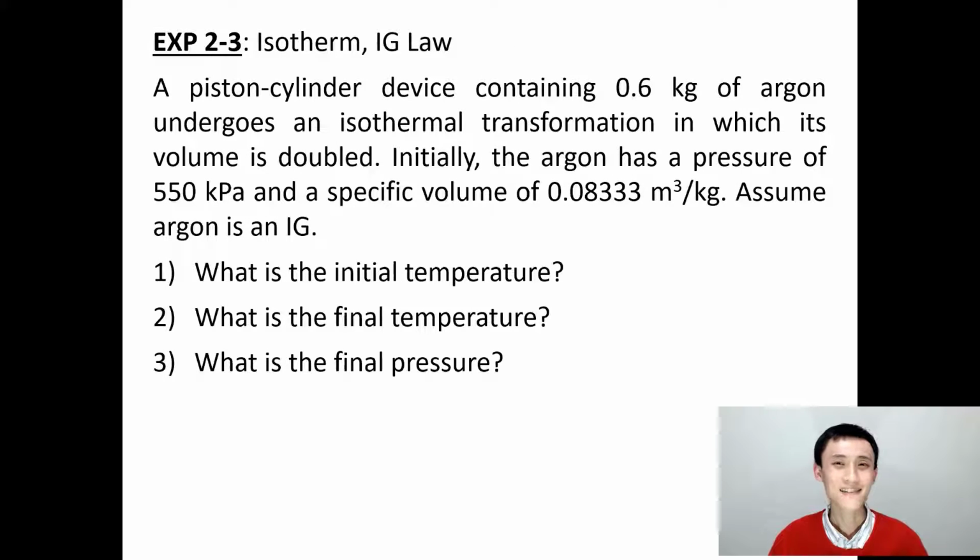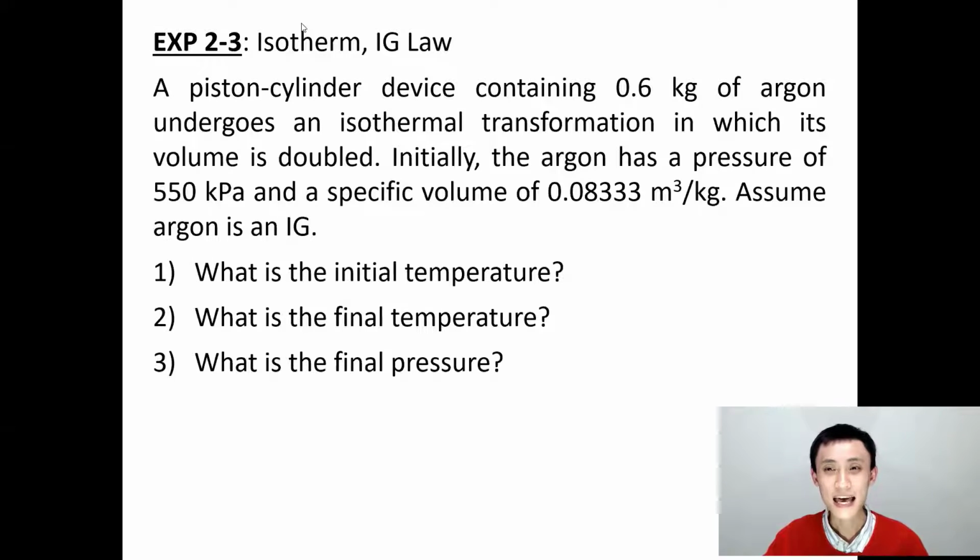All right, then let's look at an example. This is an isothermal process with ideal gas law. It says a piston cylinder device contains 0.6 kilogram of argon and undergoes an isothermal transformation in which the volume is doubled. In order to determine a thermal EOS, we have to know the substance and the phase.